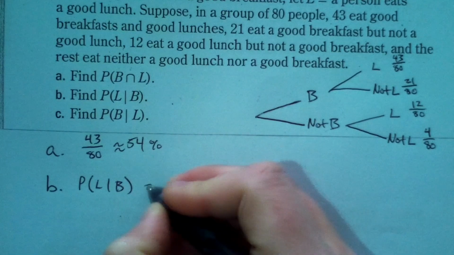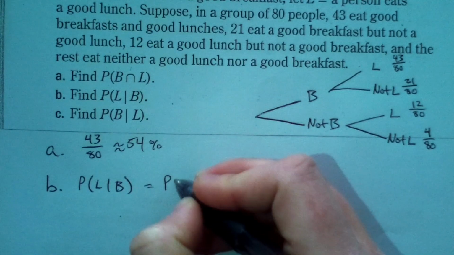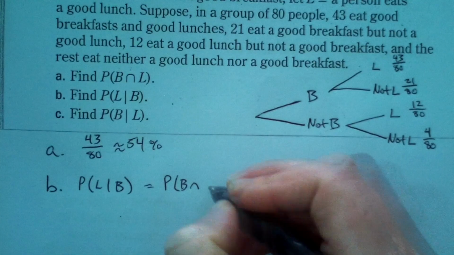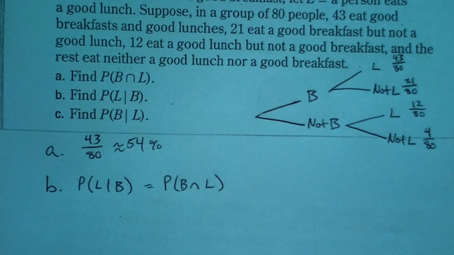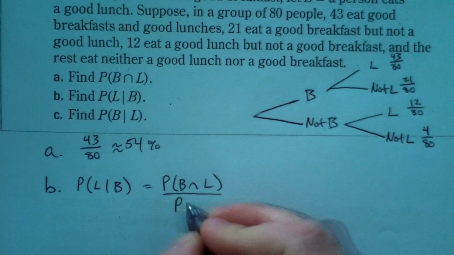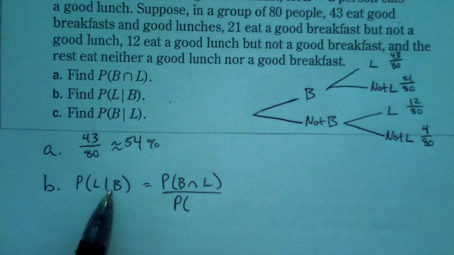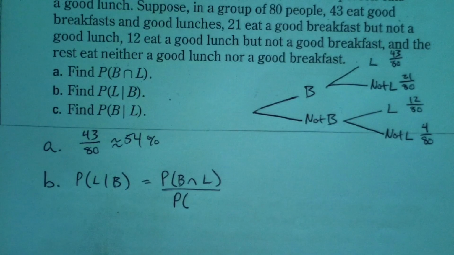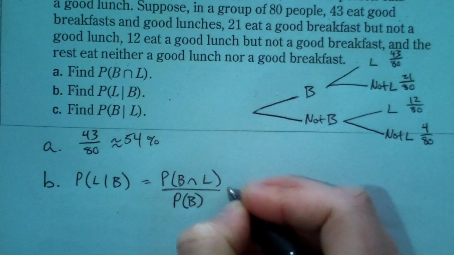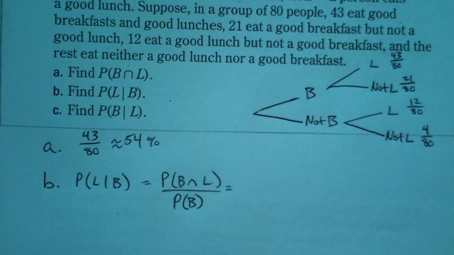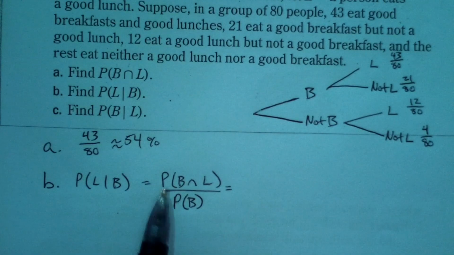My bottom then is the probability that I ate a good breakfast. Here there are 2 groups of people that could be in the good breakfast category, because breakfast would be these 2 branches. All of these people ate a good breakfast, as well as all of these people. So you have to combine those 2 to get all of the people that ate a good breakfast. You combine the 43 out of 80 with the 21 out of 80.